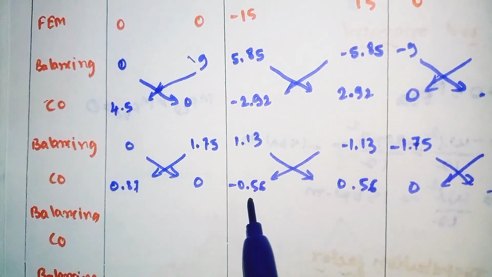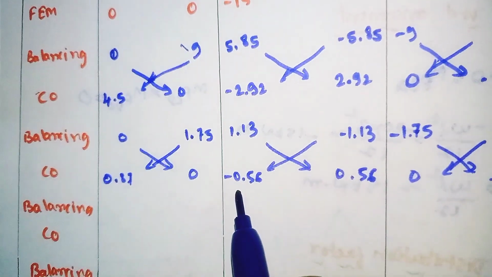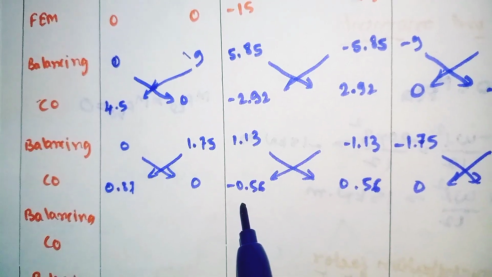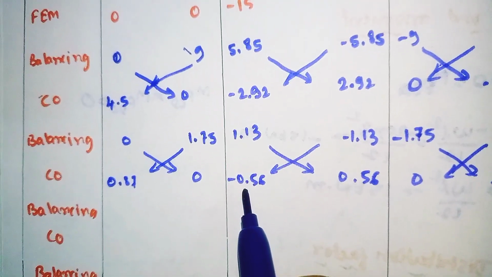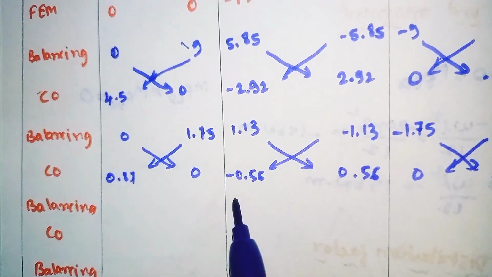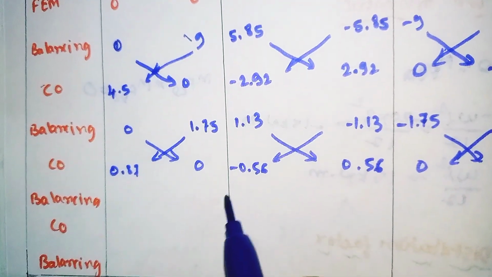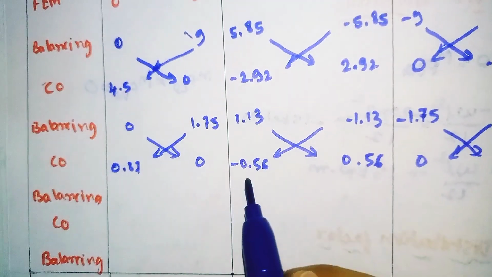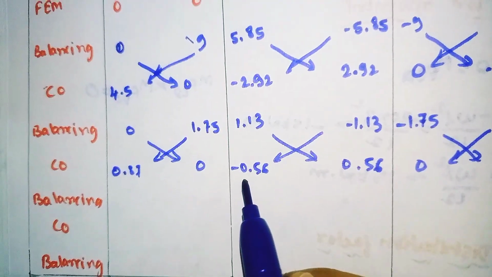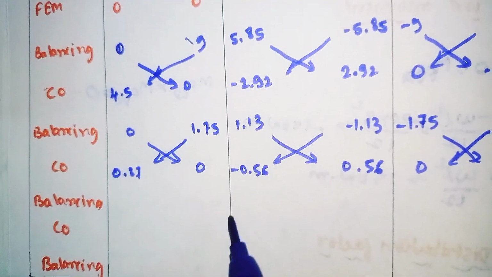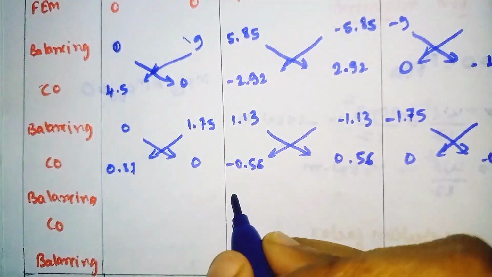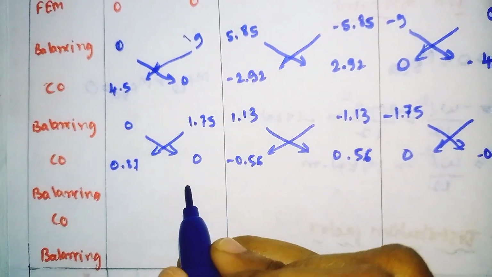It is okay if you stop here, but this value is near to 1. I want the value nearer to 0. So again I am going to do one more step. If you want to stop, no problem, you can stop here. Also you can further calculate one more time. So I am calculating one more time.